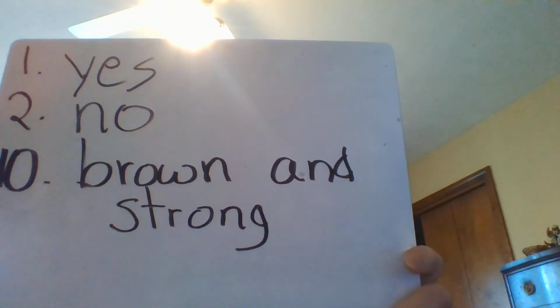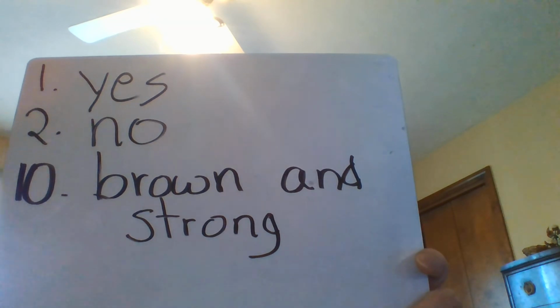So I would say they're brown, because color is a description. And on the other line, are brown and strong, because racehorses are very strong. They can run for a long ways. So I wrote brown on the first blank, strong on the second blank. You'll copy that in there.